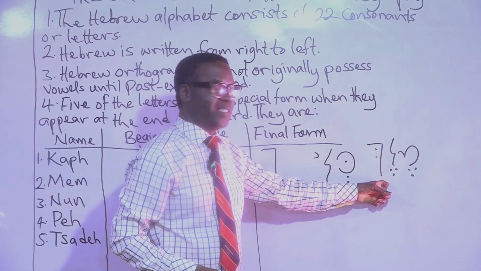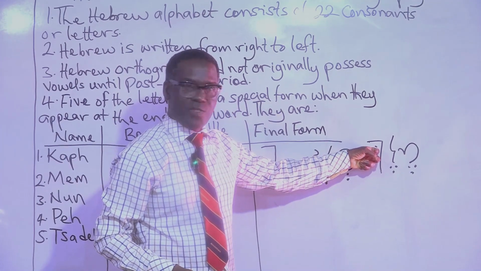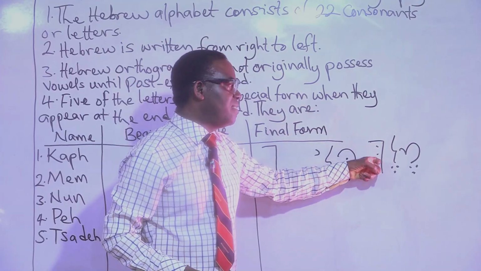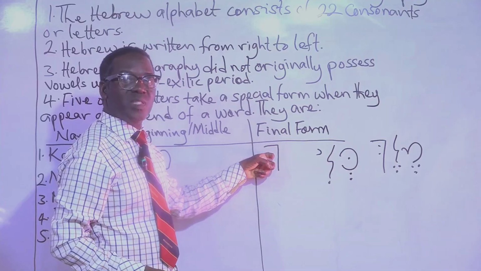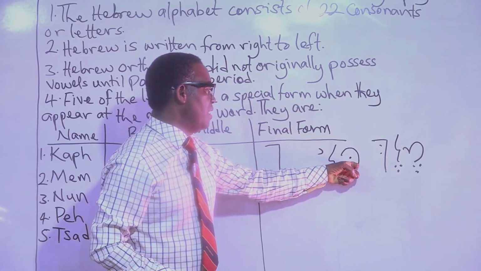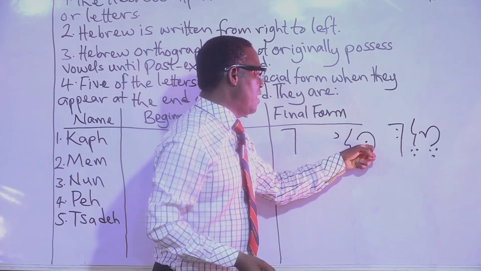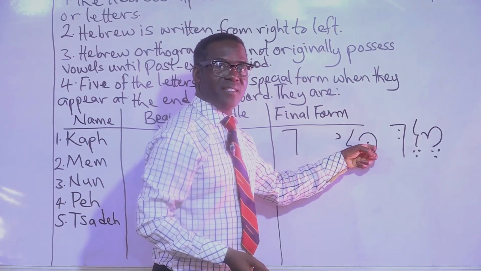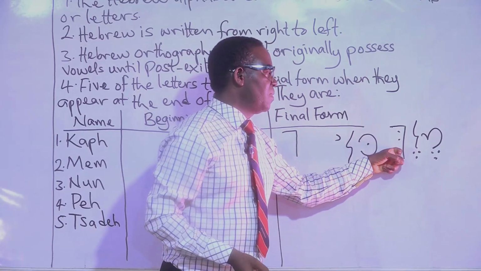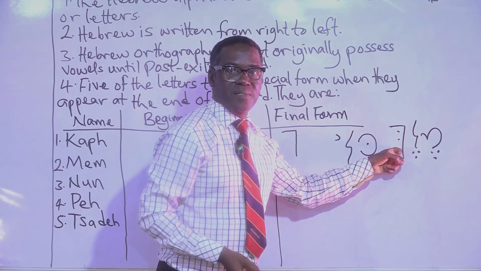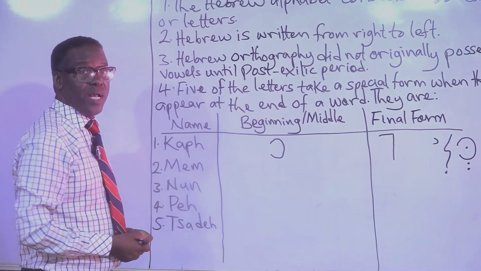This is kaf at the end, so in this word it has to take the final form. So we have keli, kaf at the beginning, and melek, kaf at the end. Take note of this and master it very well.